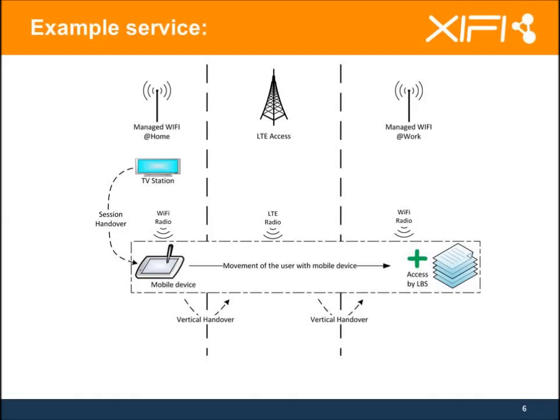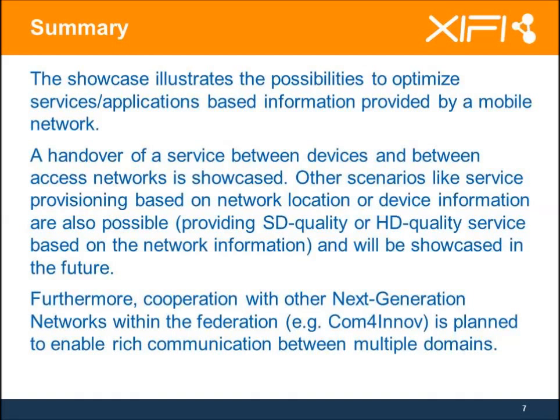To summarize what we have seen, we showcased how network information can be used to optimize certain services and applications, how it can be used to trigger certain handovers between access technologies so you always get the best network that is available for your service, and also how network information can be used to enhance a certain service by giving you access to a network resource that is available only in a certain network.